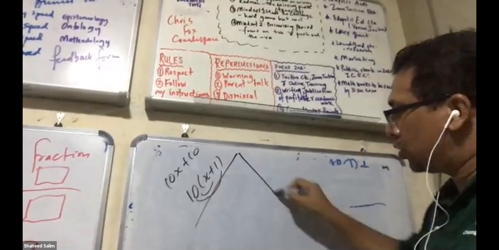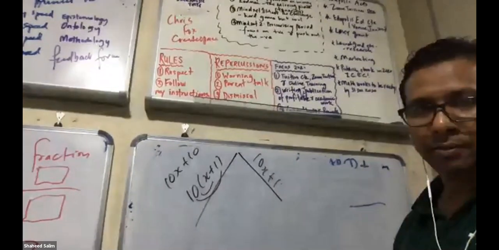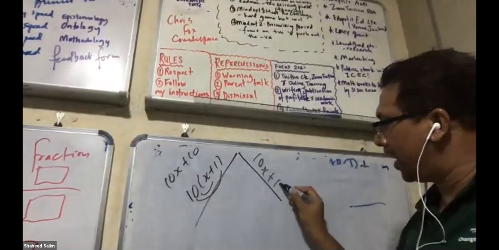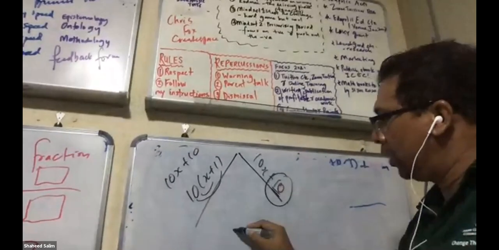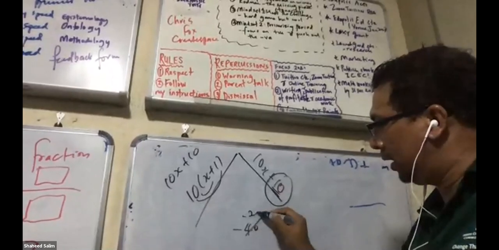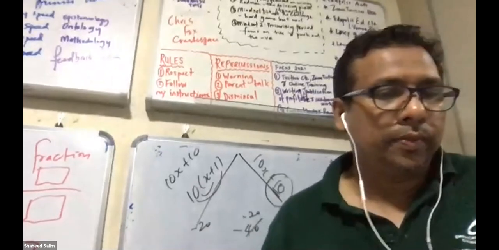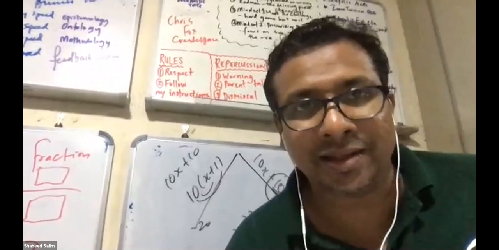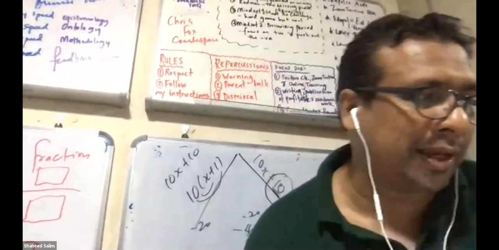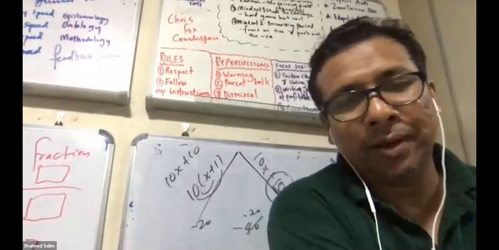On this side it's also the same thing, so this must be 10x plus 10. How come you get 10x plus 1? It's supposed to be 10x plus 10. So this is one mistake. The other one is minus 40 has to be minus 20, minus 20. You adjust that. Notice at secondary school level, at O levels or N levels, they give you one question, 10 marks or 8 marks. You make one mistake at the front, you might even cry lah.